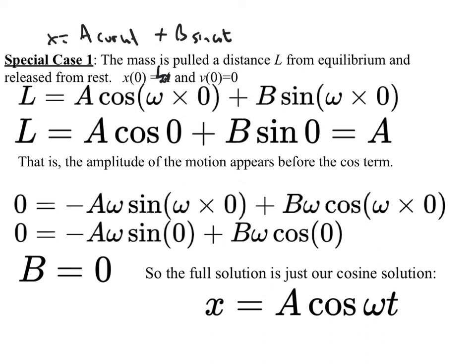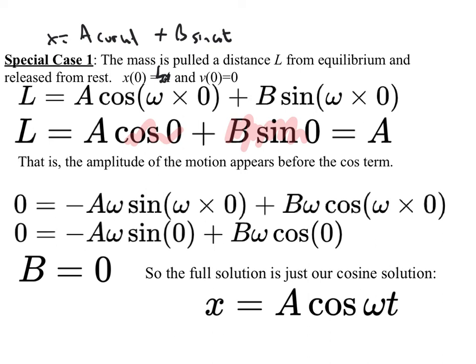So when t equals 0, we get cosine of 0 and sine of 0 respectively. But the sine of 0 is 0, so this term disappears. And the cos of 0 is 1, and we find that L equals a. Not surprisingly, the amplitude of the motion is what we have in front of the cosine term.